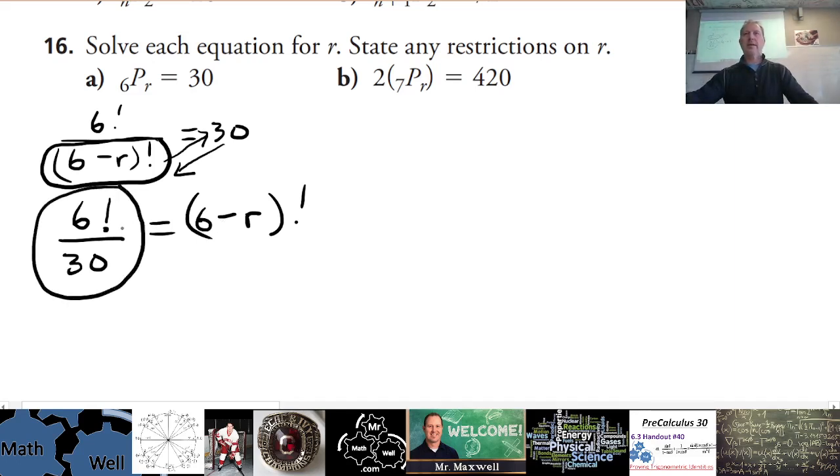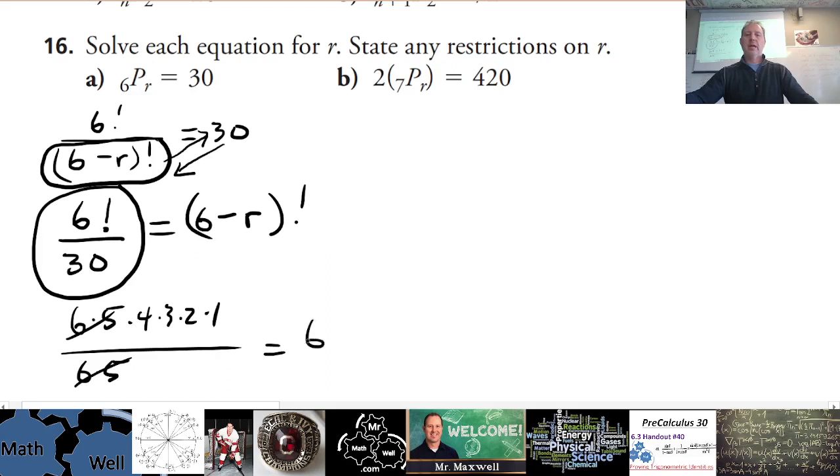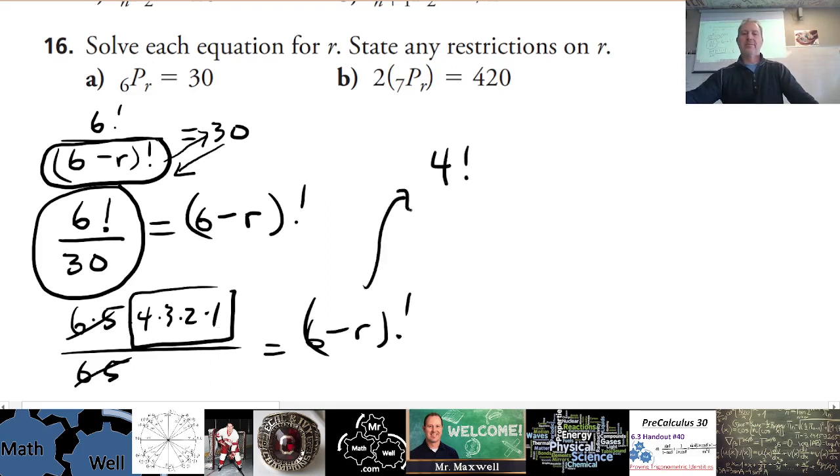I'm going to try to do it without a calculator. 6 times 5 times 4 times 3 times 2 times 1 over 30 could be represented as 6 times 5. So guess what? I have 4 times 3 times 2 times 1, which is actually 4 factorial, isn't it? Equals 6 minus something factorial.